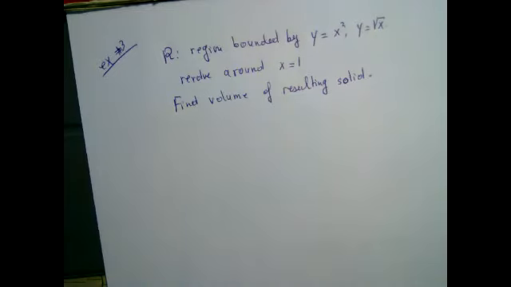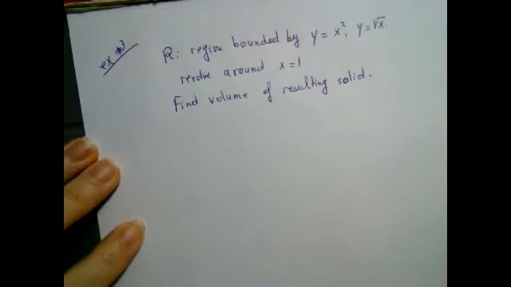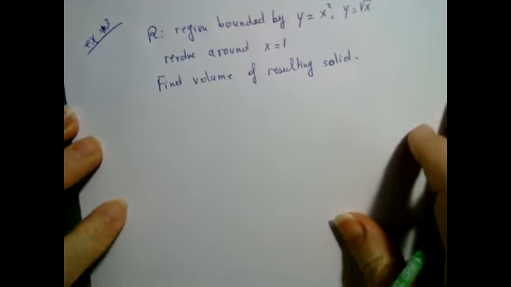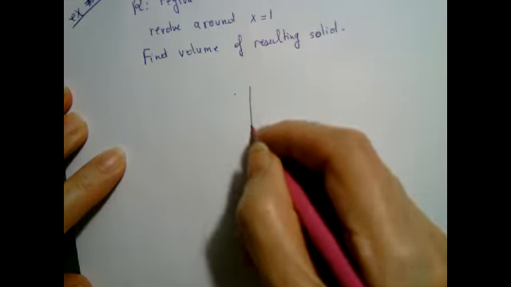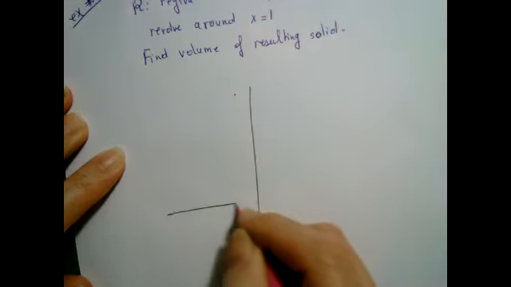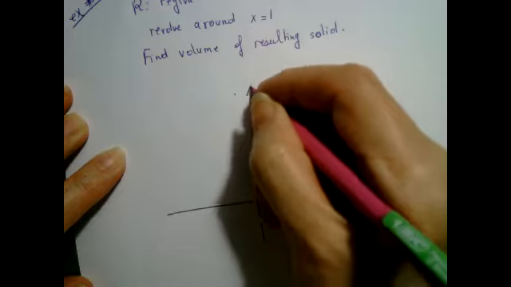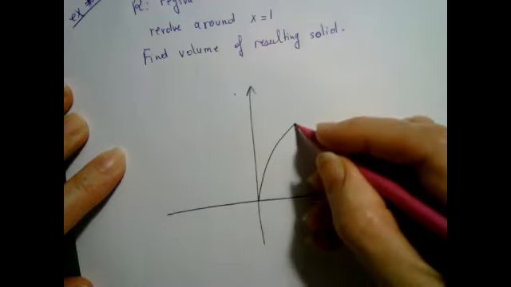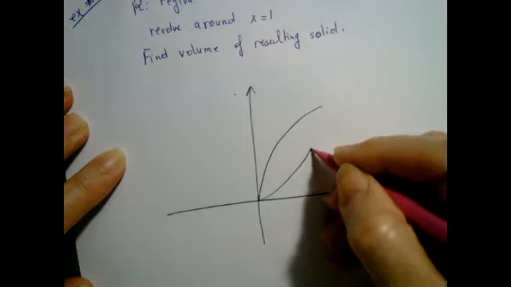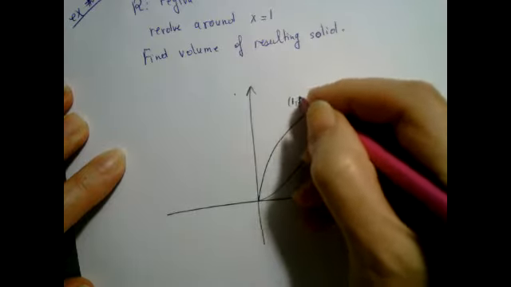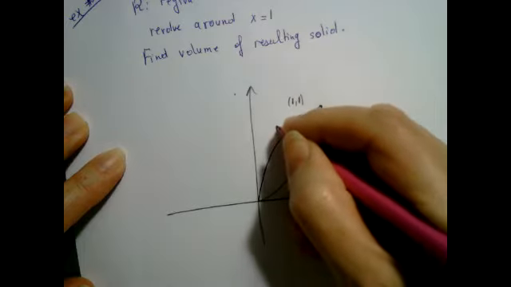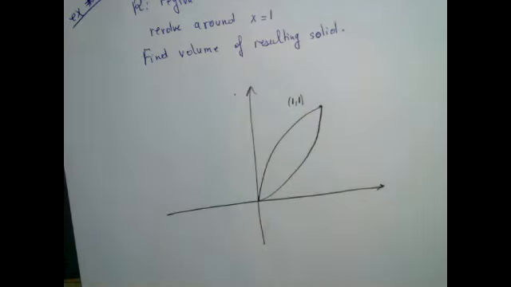So I will draw the picture and I will start, asking you to give me ideas. The region is the same, so we don't have really anything new for the region. So we're going to draw it here. It was upper curve, lower curve, the same thing. This point here was (1, 1). So that's the square root of x, and that's the x squared.